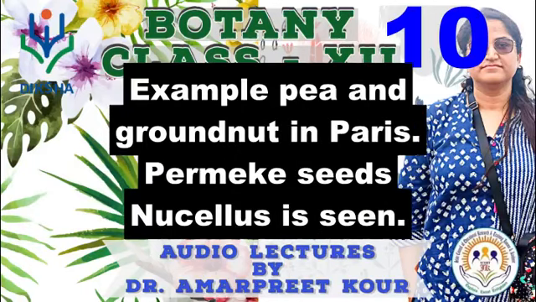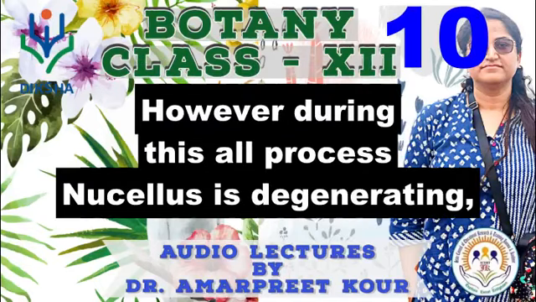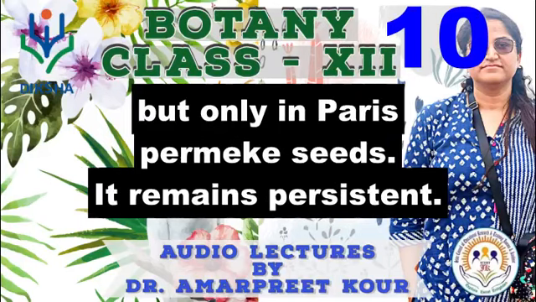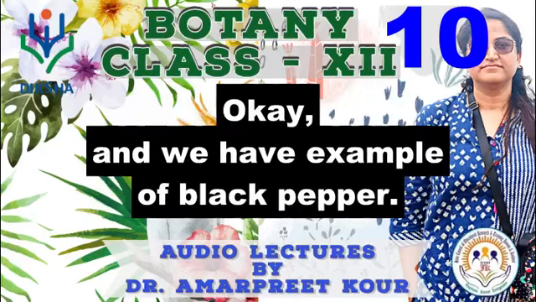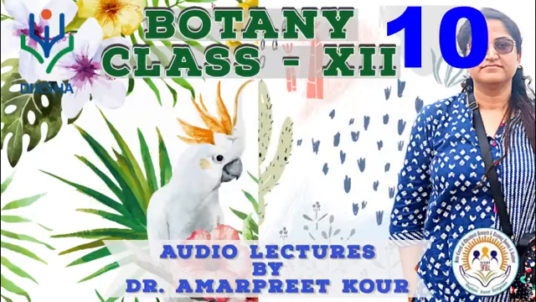Examples: pea and groundnut. In perispermic seeds, nucellus is seen. During this whole process nucellus degenerates, but only in perispermic seeds it remains persistent. We have the example of black pepper.